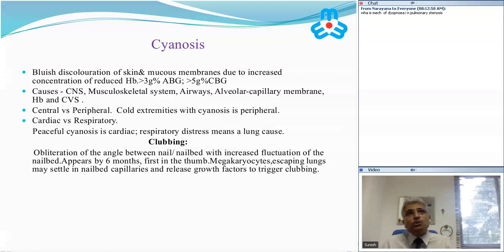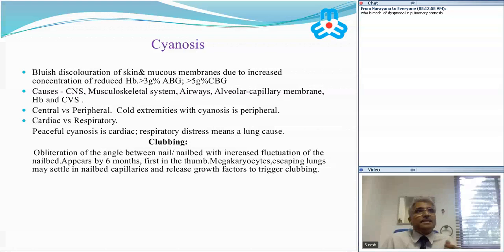One of the most widely held theories is that the megakaryocytes, the platelet precursors, which would normally get filtered in the lung, if they get an opportunity to enter the systemic circulation, given a large intercirculatory communication, reach the peripheral circulation. And once they are circulating in the peripheral circulation, they cannot negotiate small capillary beds like that in the nail bed.